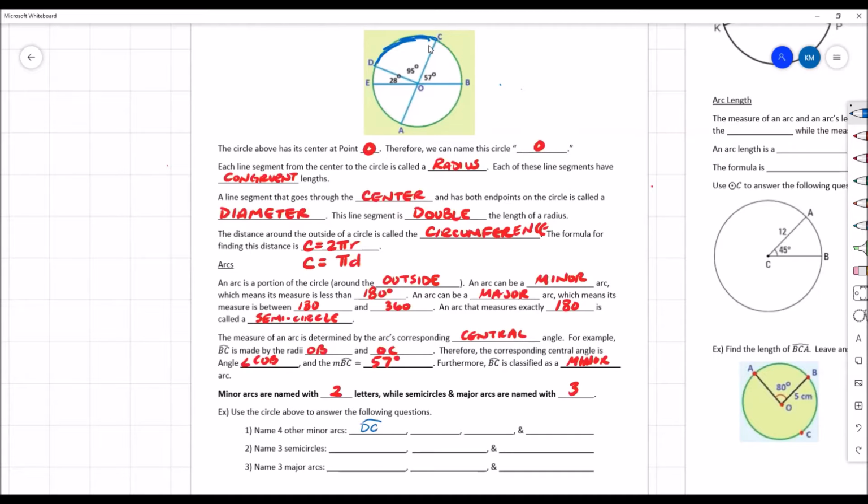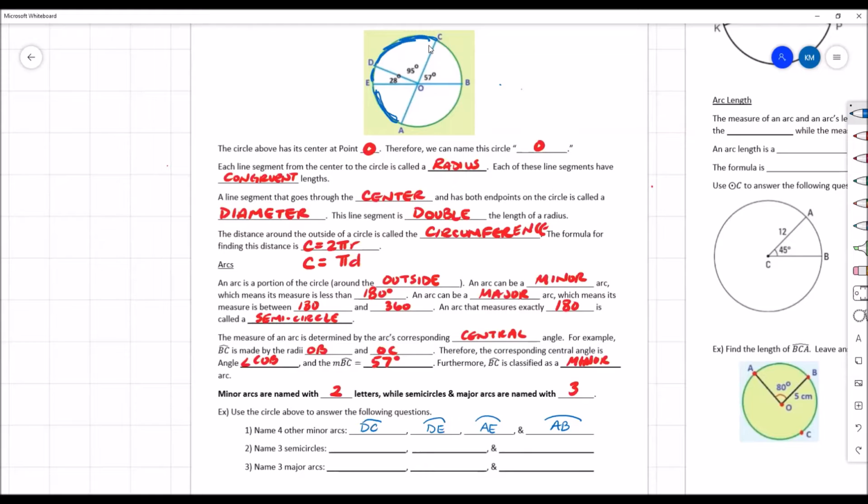We've got DE, which is 28 degrees. We could call EA, even though it's not labeled with a number, we know it's less than 180 degrees because 180 degrees would be half a circle. So arc EA or AE, however you want to say that. And then arc AB. Again, we don't have a value attached to it, but we do know that it has to be less than 180 degrees. And we can find that value.